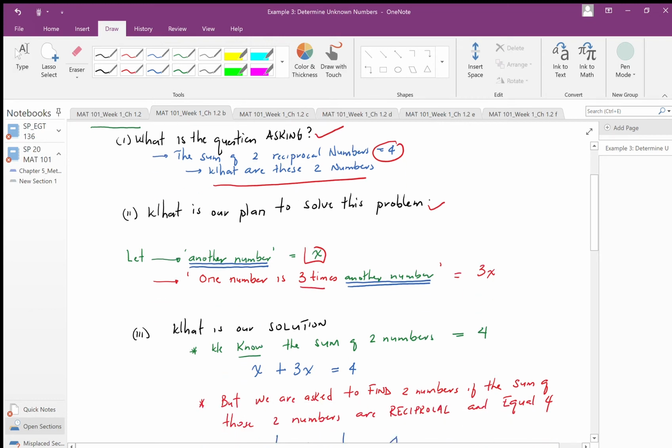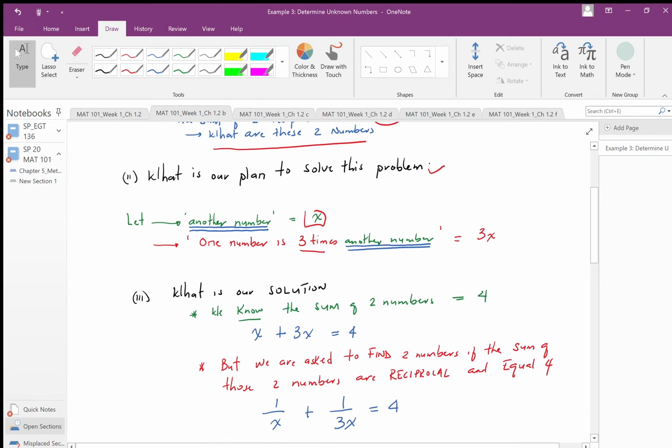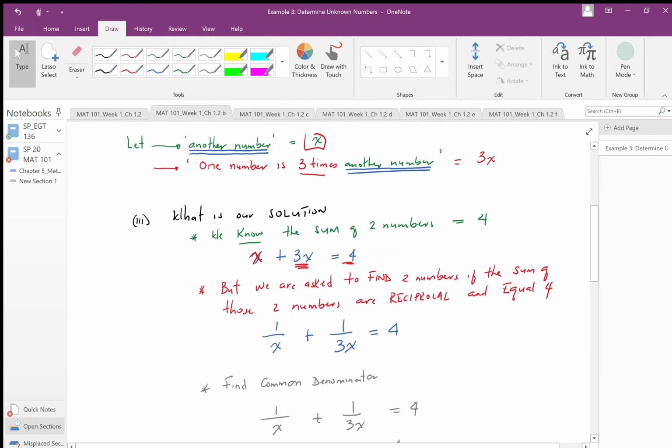And we know that if x is another number and one of those two numbers is 3x, we can put together the equation x plus 3x equals 4. But they told us that it was the reciprocals.